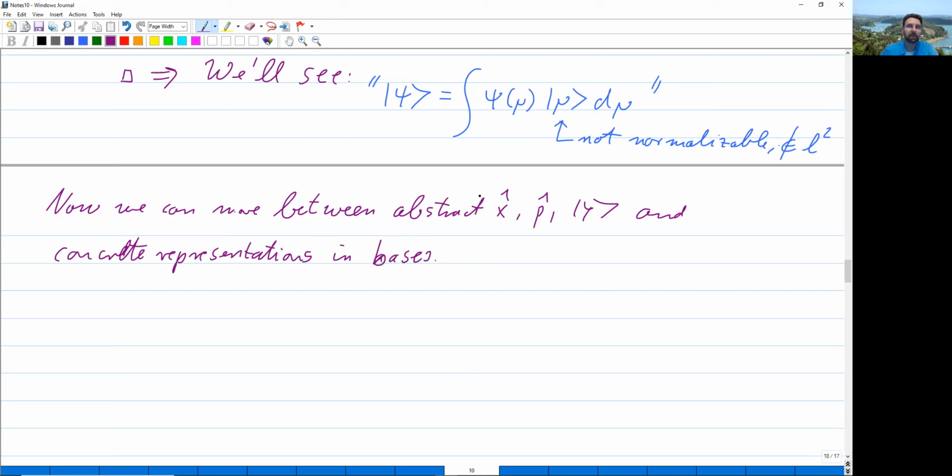And some bases might be useful for one purpose and another basis for another. How? Well, it works like this.